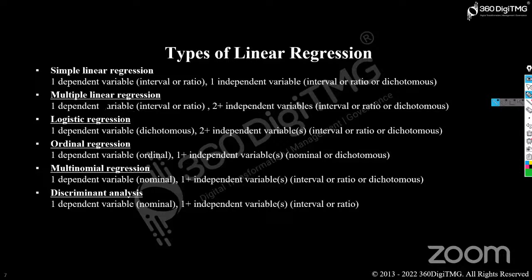When we talk about multiple linear regression, if more than one independent variable is used to predict the value of a numerical dependent variable, then such linear regression is called a multiple linear regression.